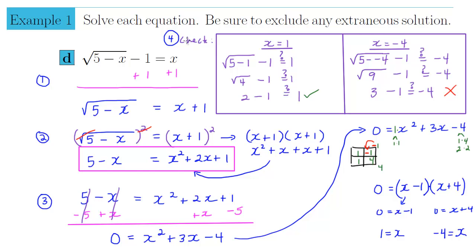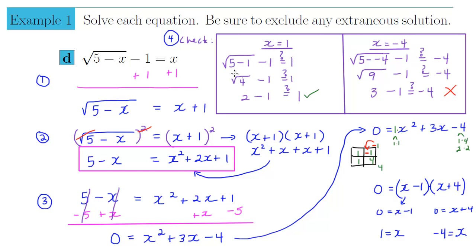Step 4, we have to check our proposed solutions. After solving our quadratic, we got x equals 1 or x equals negative 4 as our proposed solutions. When we plug x equals 1 back into the original equation, we get 5 minus 1 underneath the square root, minus 1 outside the square root is supposed to equal x, so it's supposed to equal 1.